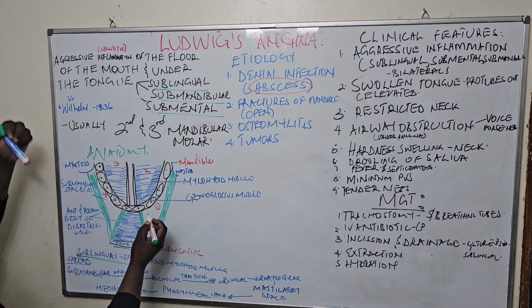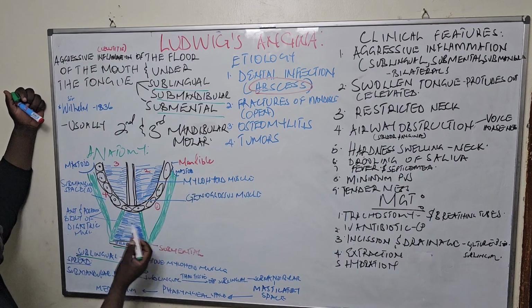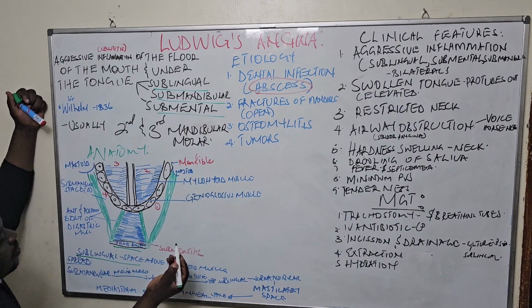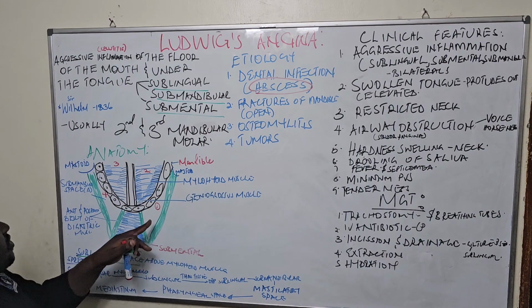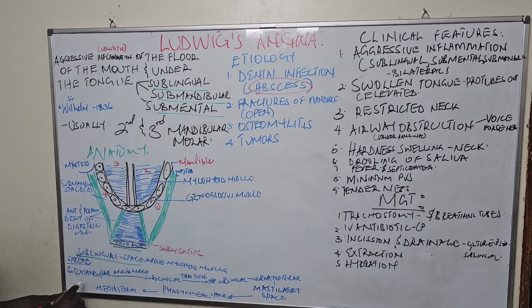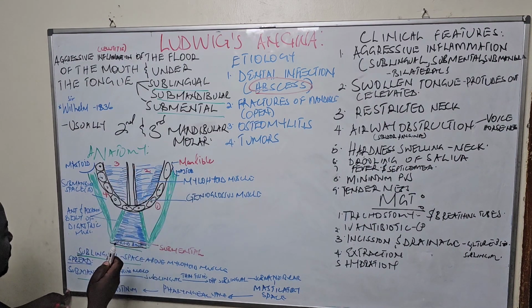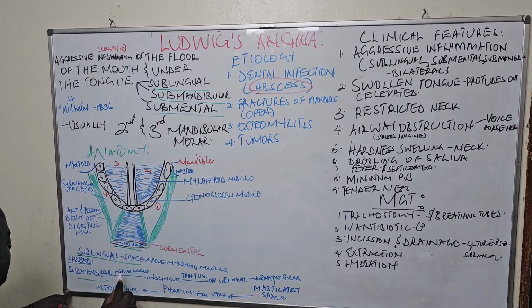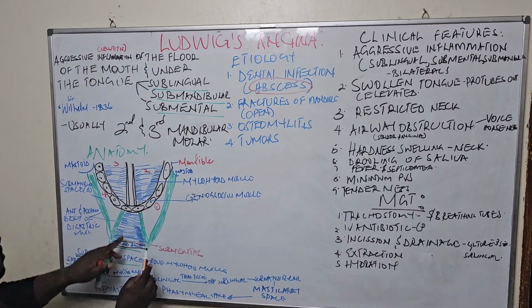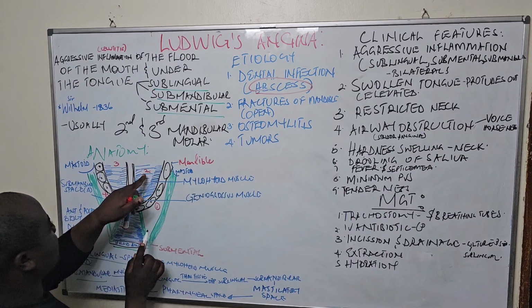The one which is going to be affected is this one, the submandibular space. There is easy communication through the submandibular space to the sublingual space on the left side, through the mylohyoid muscle. The mylohyoid muscle will quickly spread the infection from here to here.